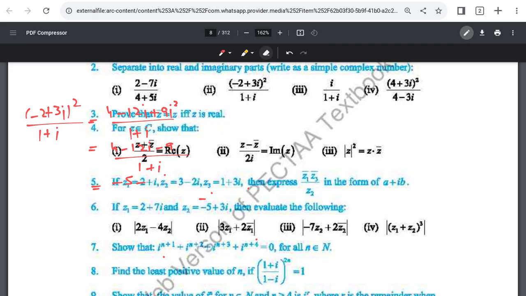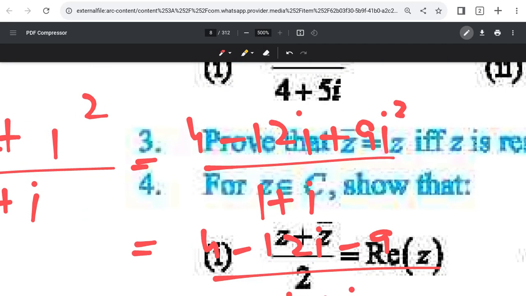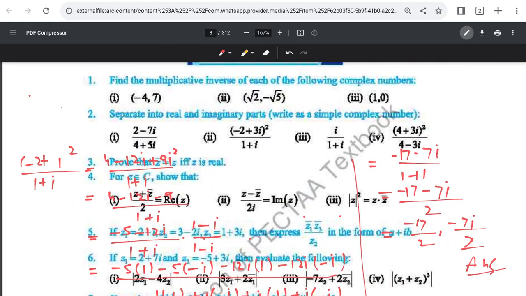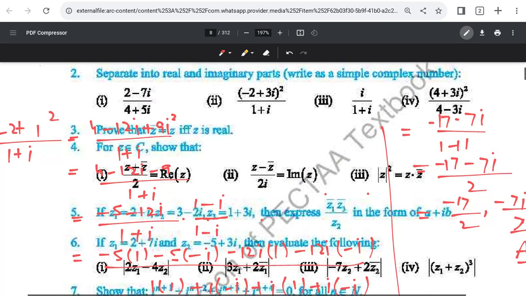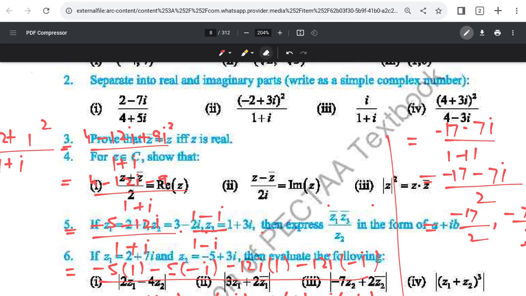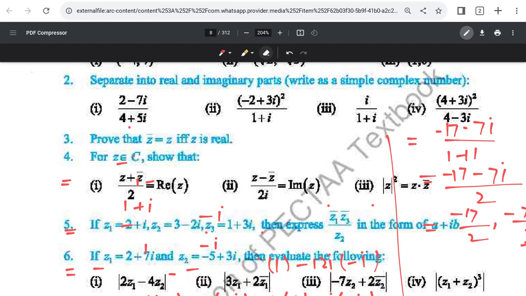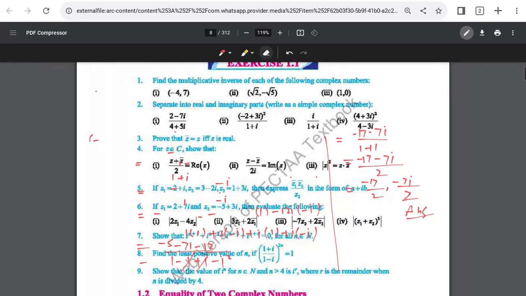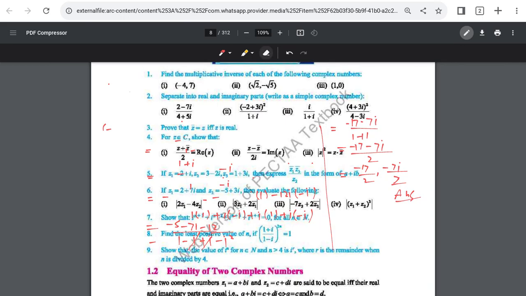Okay, so now we move towards the third part of question 2. The third part of question 2, we have iota over 1 plus iota.